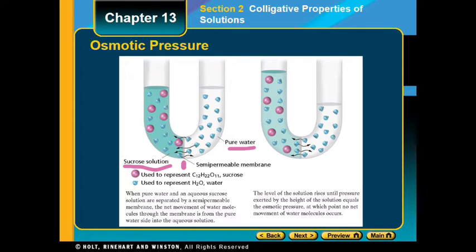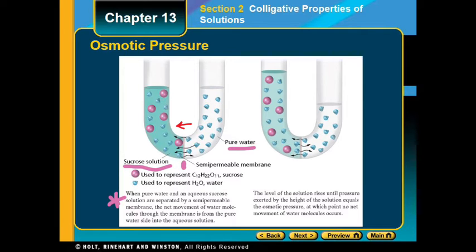And it says when pure water and the sugar solution are separated, the net movement of water through the membrane is from the pure water side into the aqueous solution. So we're going from low concentration to high concentration, and you're going to see that the movement of water is in that direction, and you can see the majority of your arrows are moving in that direction.